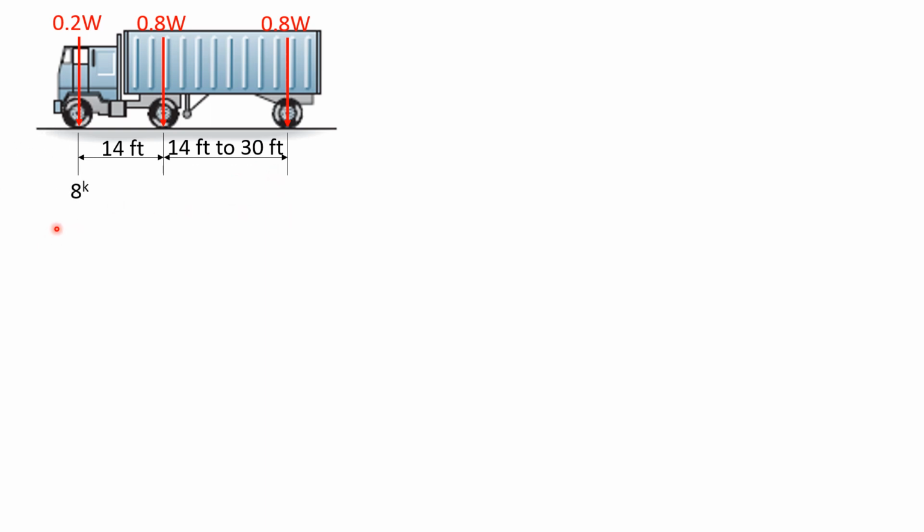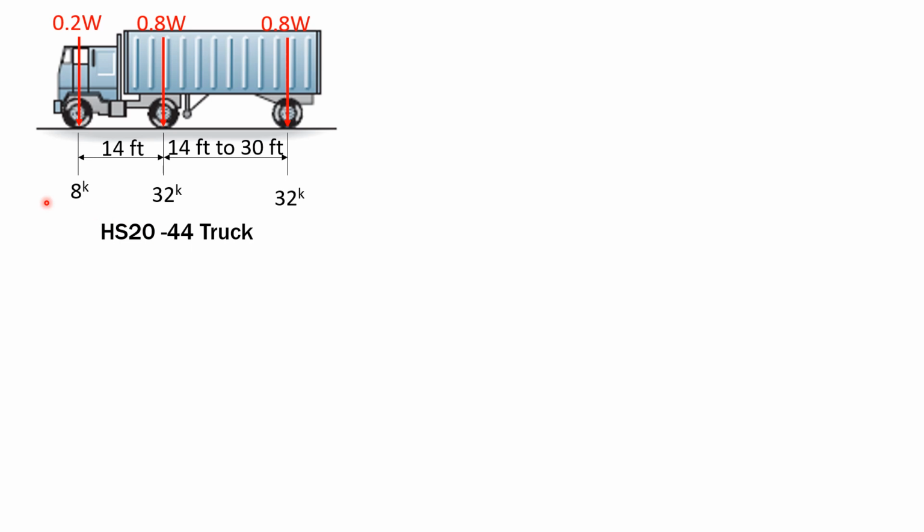So this is 8 kips, 0.2 of the total weight is 8 kips, and 32 kips, 32 kilopounds. That's the meaning, because this is from the Americans. The meaning of HS truck 20-44: 20 means 20 kips.